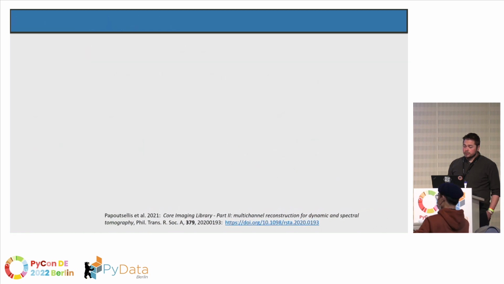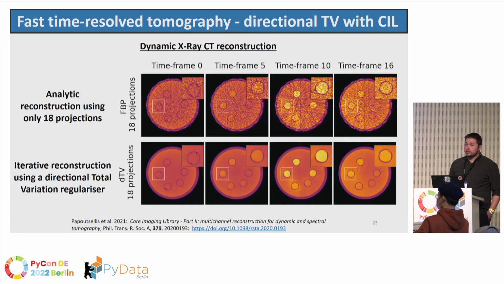We are also interested in time-resolved imaging, so studying components as they change over time. Maybe you have some process happening and you want to study that over time. This is difficult normally because it takes maybe 1 hour to acquire one data set, which means it's difficult to get any good time resolution, right? A lot of stuff can happen while you acquire that one data set. So what we try to do is acquire the data a lot faster. Maybe we acquire not a couple of hundred or a couple of thousand projections, but just 18 projections.